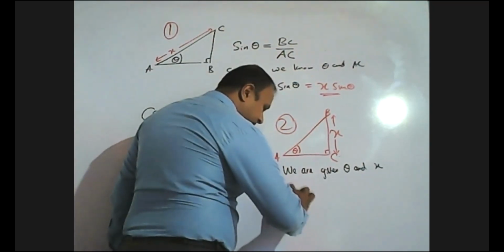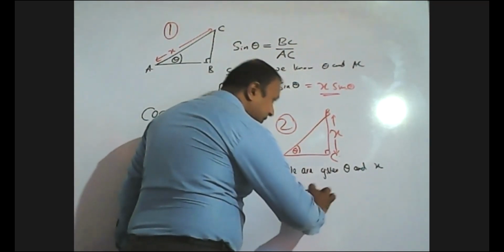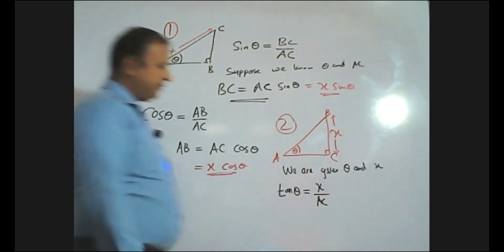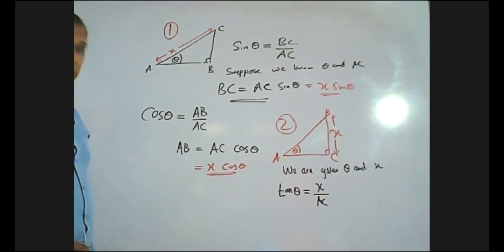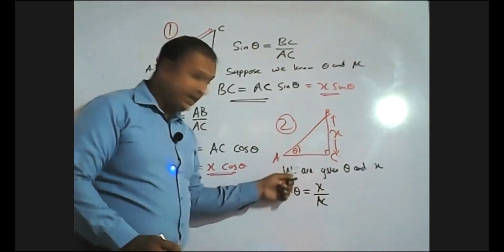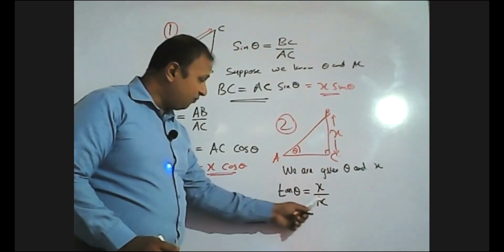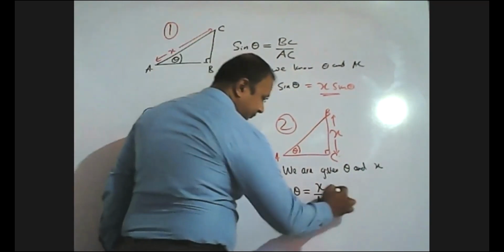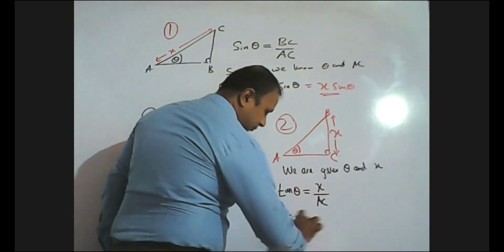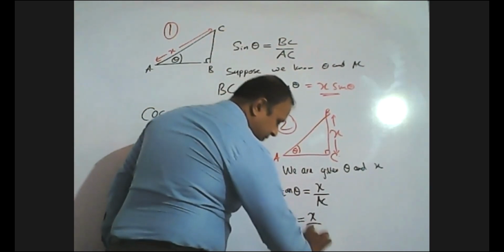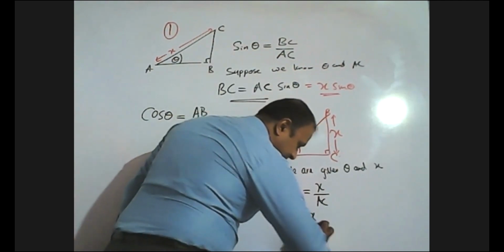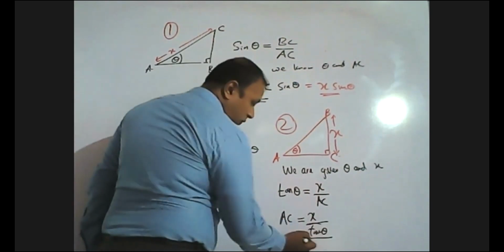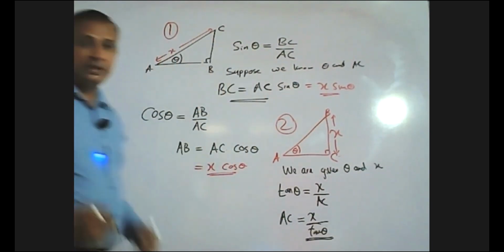Tan theta is equal to x over AC. Then I can find AC. AC is equal to x over tan theta.